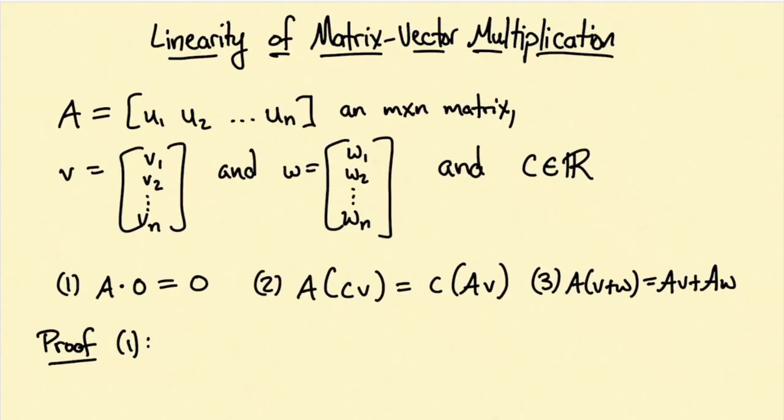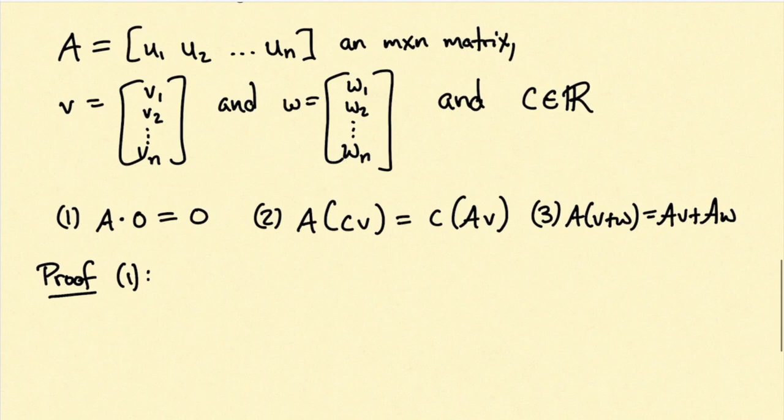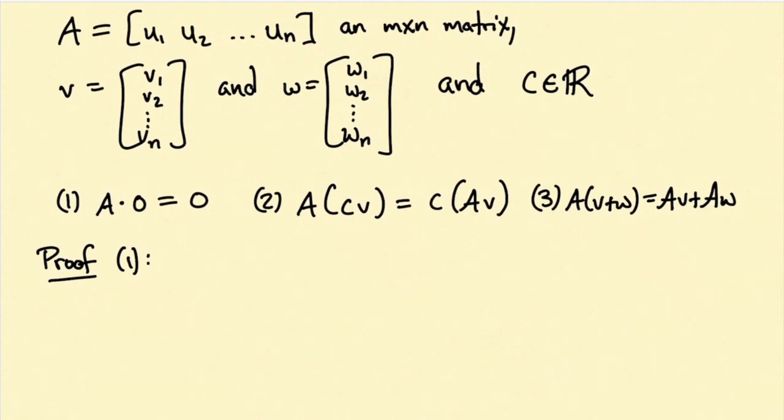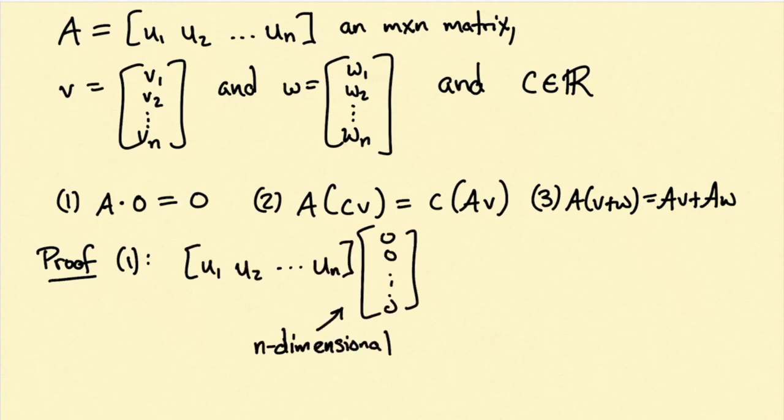So for the first one, we simply need to recall what the zero vector is and write down our definition. A multiplied by the zero vector is the linear combination of 0 times u1 plus 0 times u2 plus ... plus 0 times un.